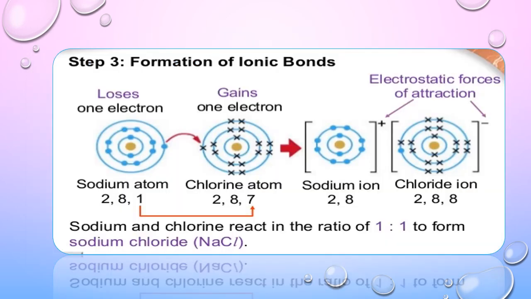Now let's discuss the last step, that is formation of ionic bonds. When sodium atom reacts with chlorine atom, then sodium atom transfers its one outermost electron to chlorine atom, and by losing one electron, sodium forms a sodium ion and chlorine atom forms a chloride ion.